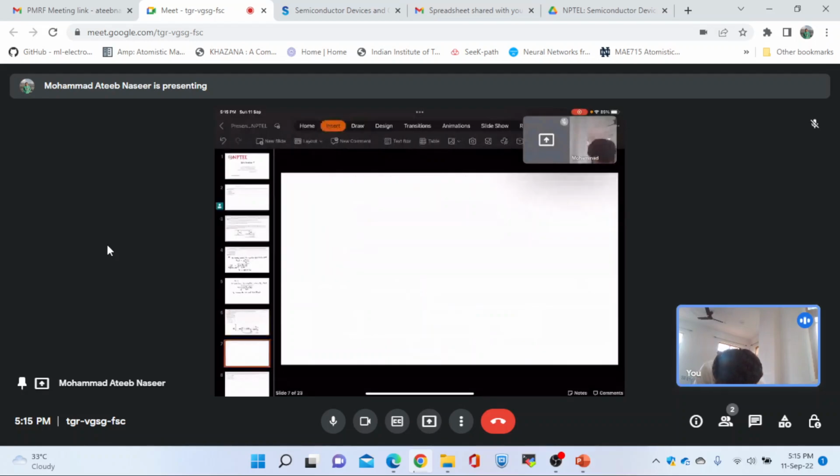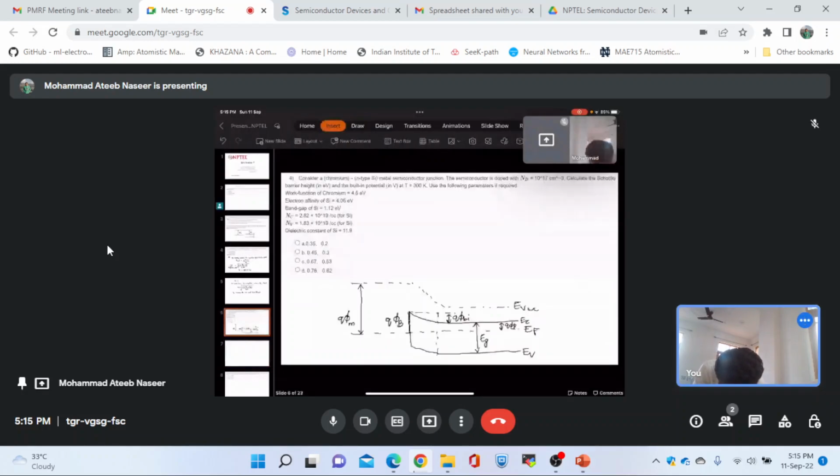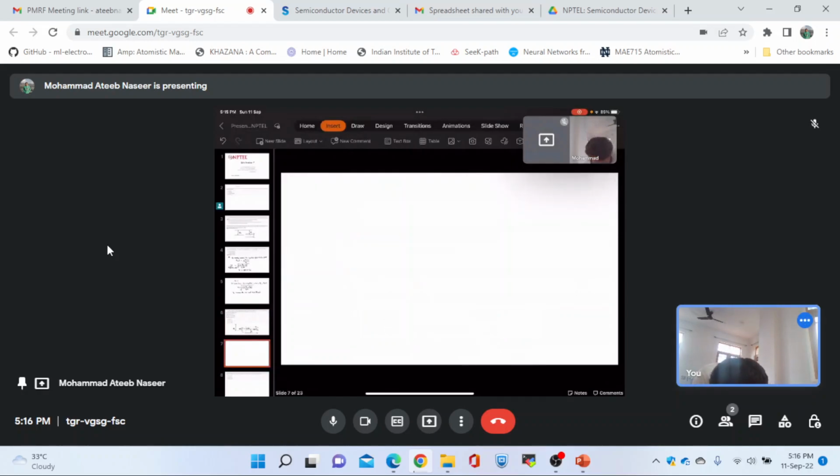Using the potential balance here, I will see that q phi B should be equal to q phi F plus q phi bi, which is the built-in potential.